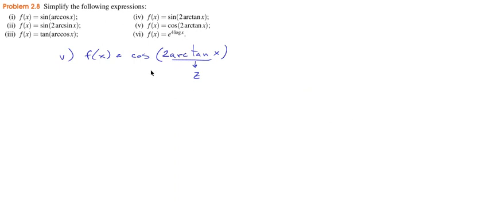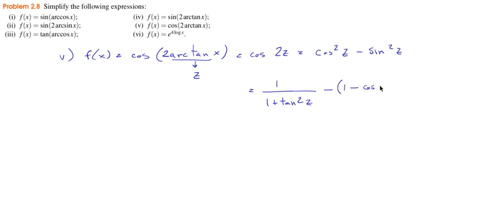So I have the cosine of 2z. We know the cosine of the double angle is cosine squared of z minus sine squared of z. So this is cosine squared of z, which is 1 over 1 plus the tangent squared of z. We have just seen this. And then minus, sine squared is 1 minus the cosine squared.